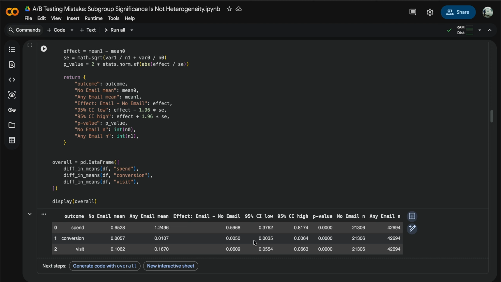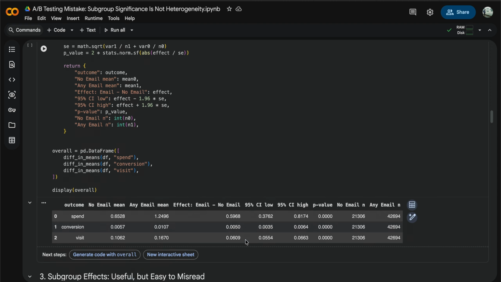If the email works on average, should we send it to everyone? Or are there some customer groups where it might work even better? That's the next section I'd like to walk you through, which is the subgroup effects.